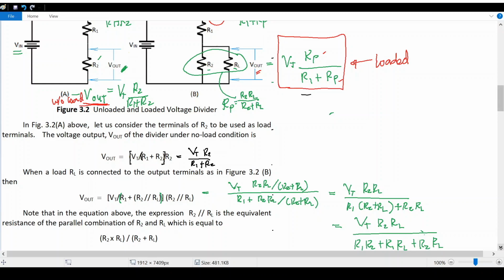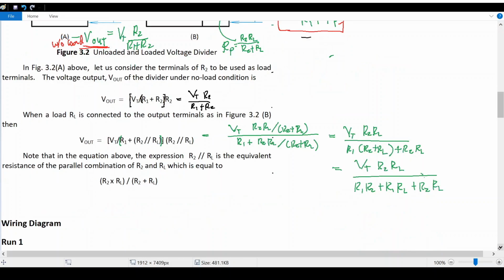In your experiment, you will study this behavior of unloaded and loaded voltage divider and compare what you can realize on how to control the voltage output of a voltage divider.